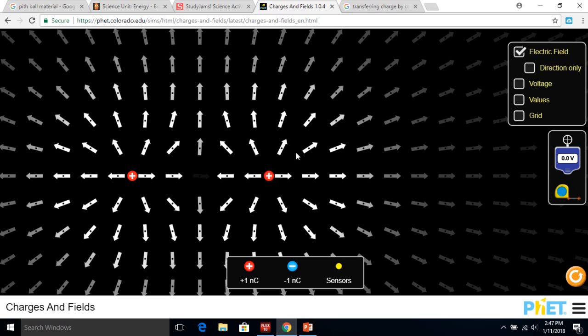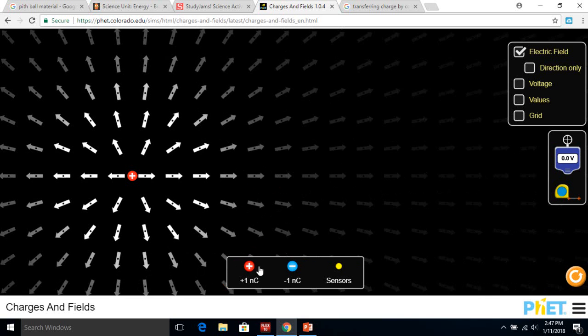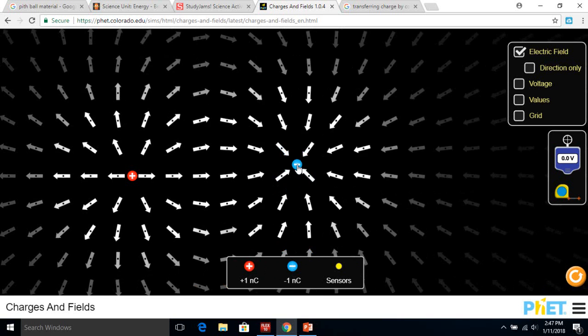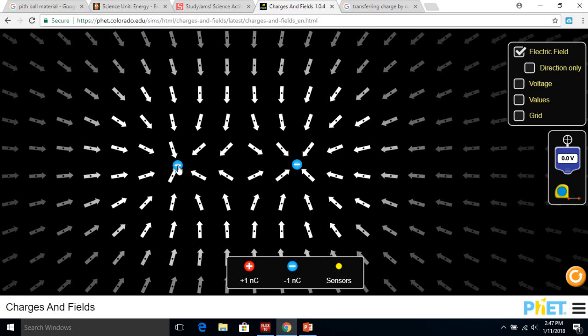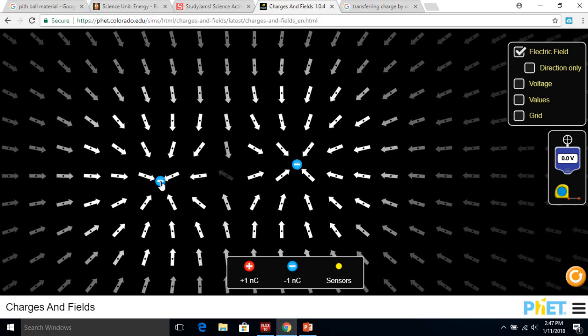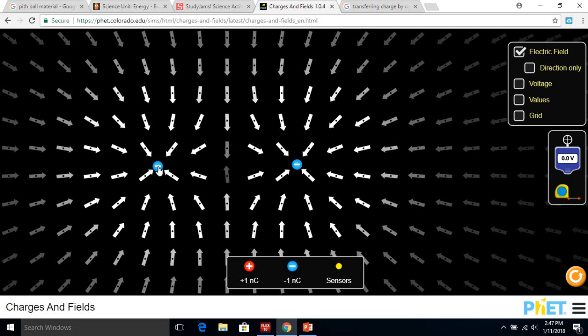If you do negative, I feel like the arrows have lit up more. Isn't that he's pulling that way and he's pulling that way? So like the line in the middle of the separator. Yeah.